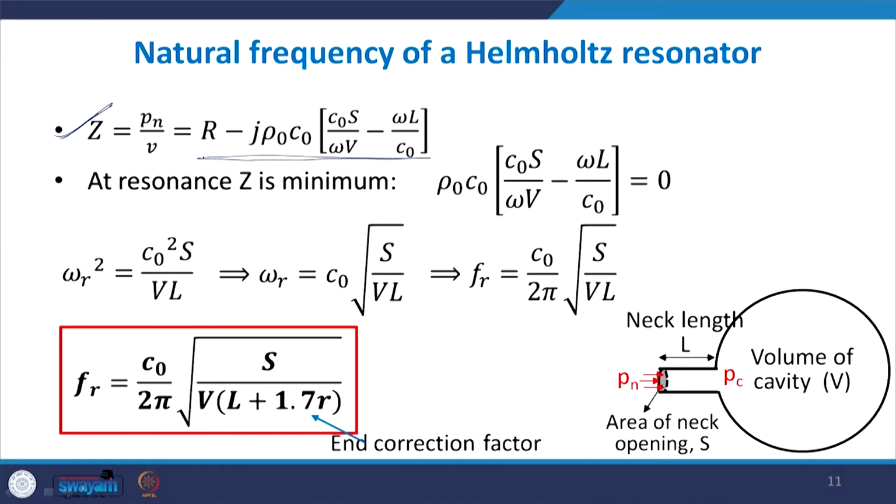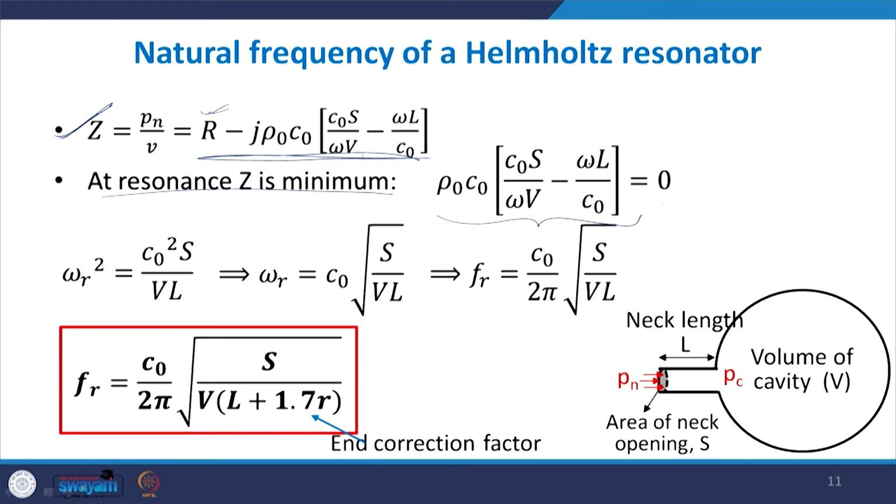By definition, that is the condition of resonance, when the system offers minimum resistance to the flow of sound waves. So, if this is the resistance expression, when will this be minimum? If R is a fixed quantity and this is the only frequency dependent quantity here, then this expression has to be 0 for resonance. So, putting this as 0, what you get is the omega at resonance.